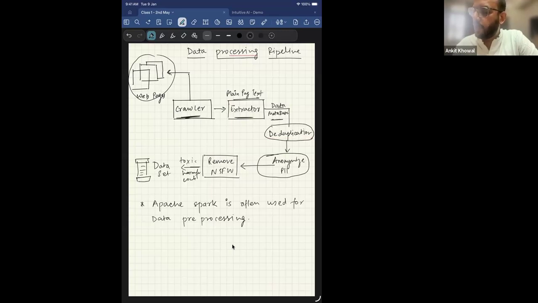So we need to anonymize the PII information. If the data has toxic or harmful information, we remove that. Like I took an example, the article can have content related to creating a bomb, so we need to remove those articles. And then the final data set is created.